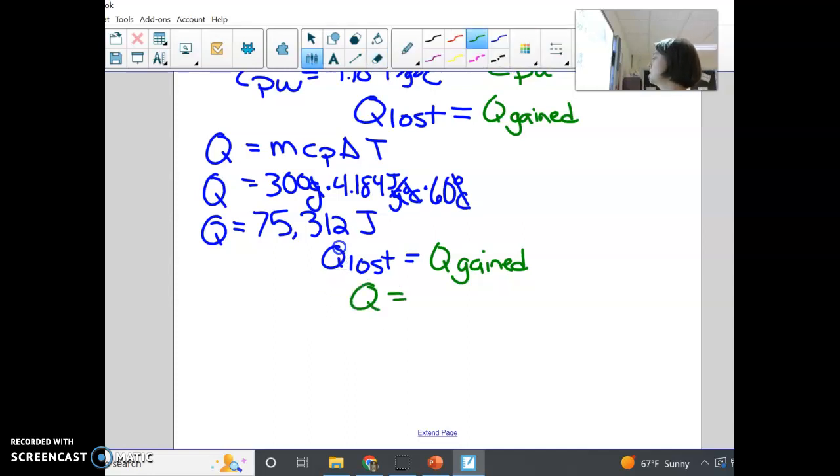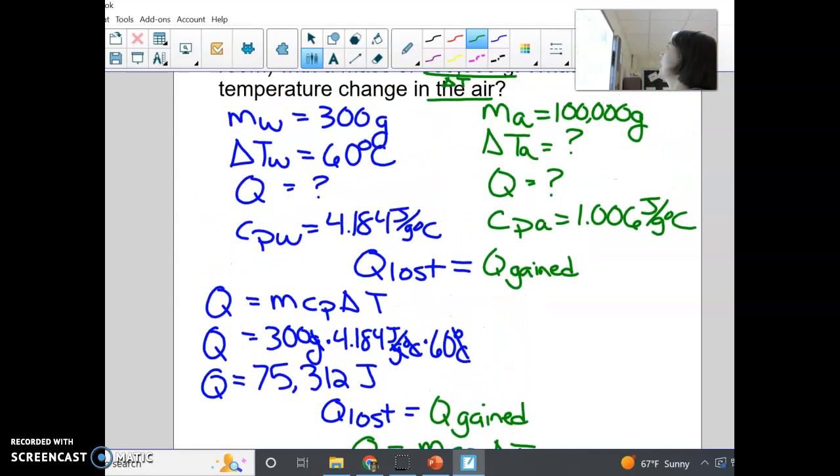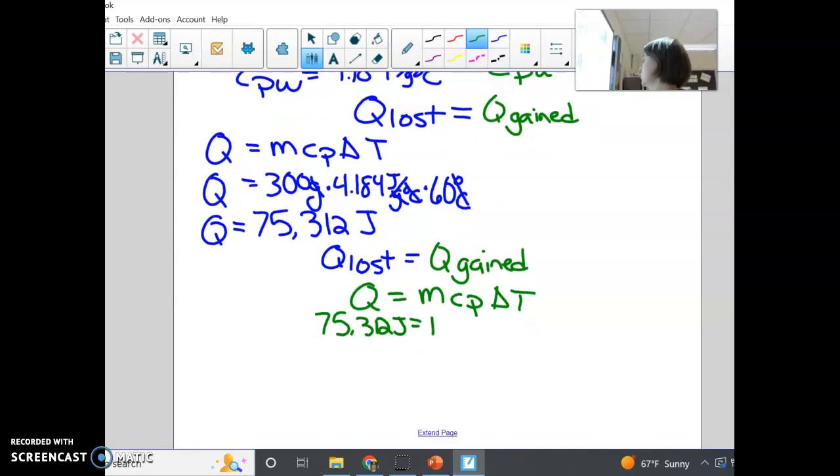So Q equals mCp delta T. And we know that this 75,312 is going to be the same as the Q for the air. So we write 75,312 joules equals mass, which we wrote up here as 100,000 grams, times Cp, which we figured out was 1.006 joules per gram degrees Celsius, times our change in temperature, which is what we're trying to figure out.